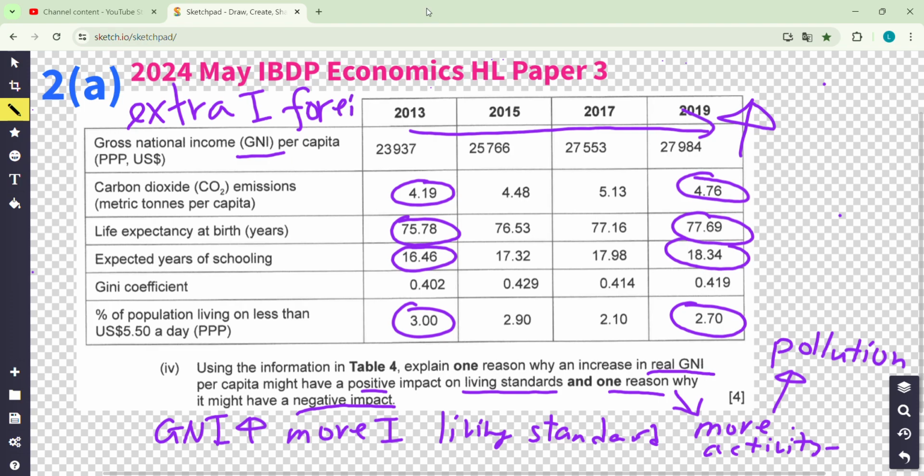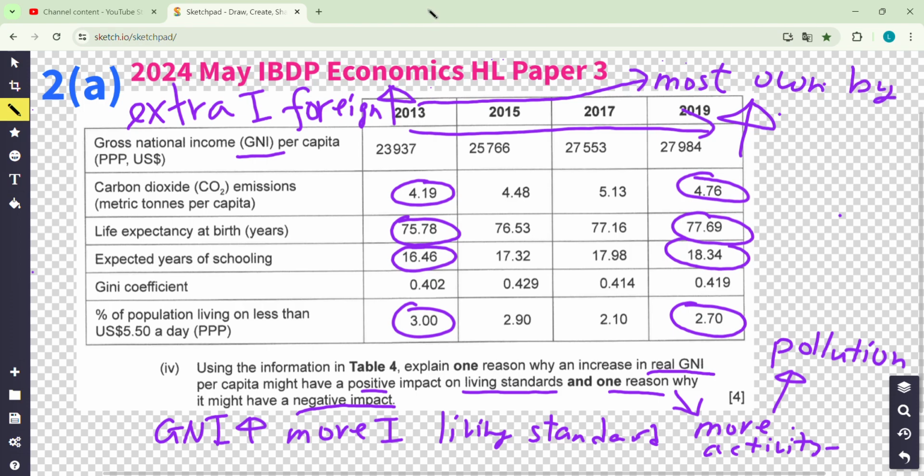Why does this increase have a bad side on the Gini index, on income inequality? Because most of these factors of production are owned by entrepreneurs, rich people.